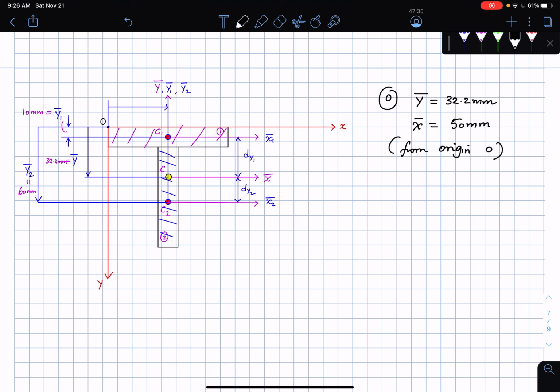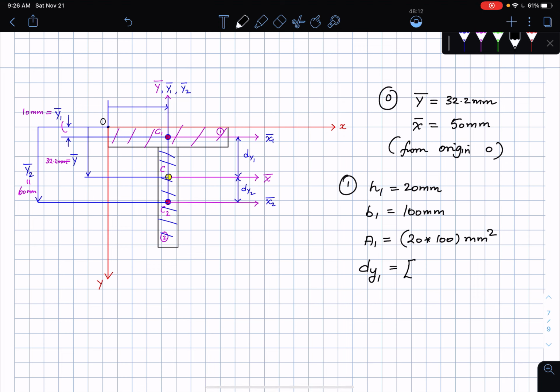Then the second step is for each of the individual shapes. Look at shape number 1. The height of that shape is going to be 20 millimeters. The base of that shape is going to be the total length of the top flange, which is 100 mm. The area of the first shape is going to be 20 by 100 mm square. And then dy1 is the distance between the x bar and the x1 bar axes.